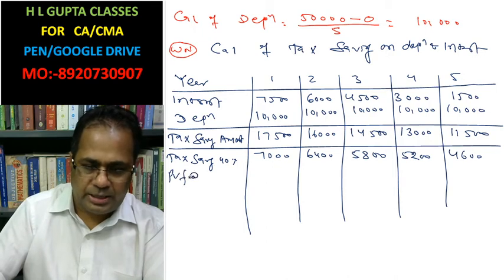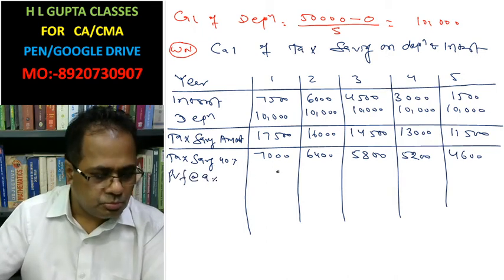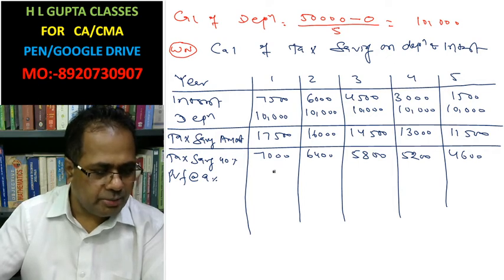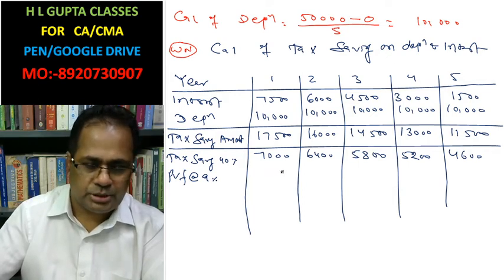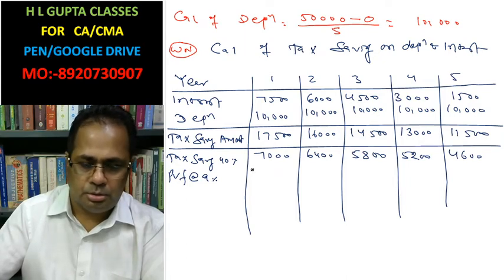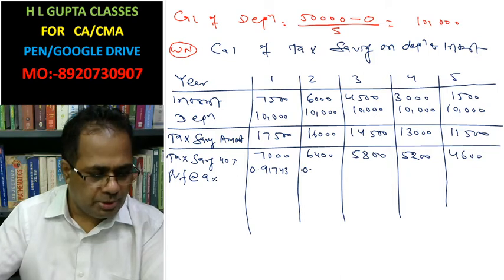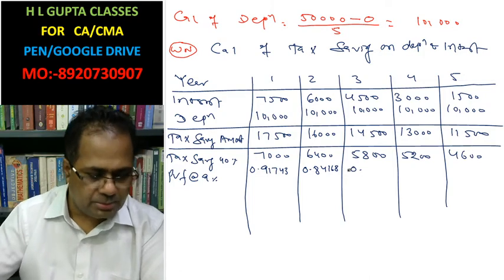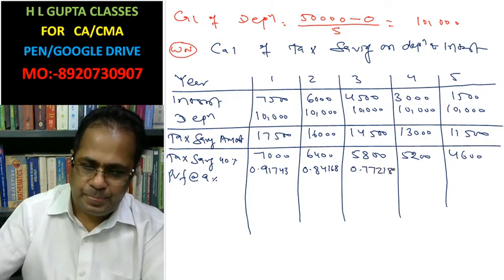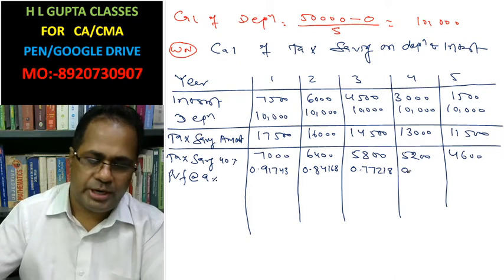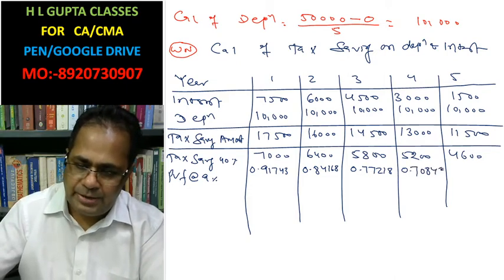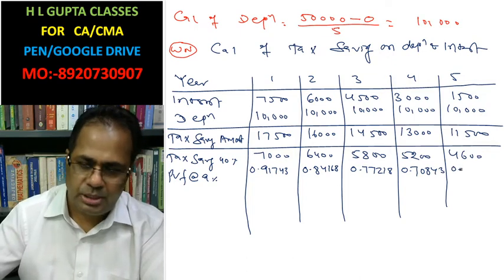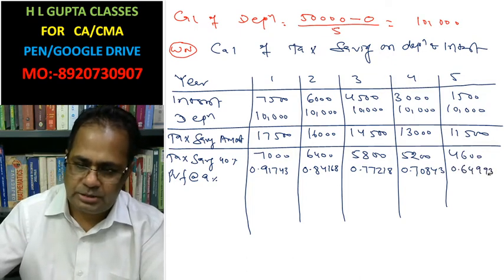Present value factor at the rate of 9%: 0.91743, 0.84168, 0.77218, 0.70843, 0.64993.